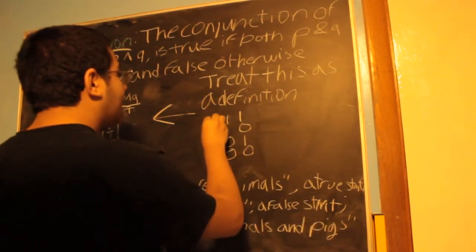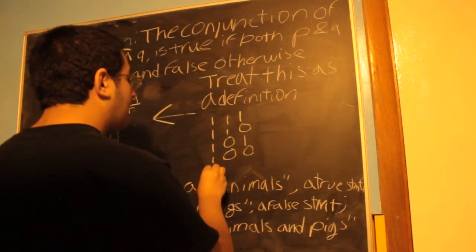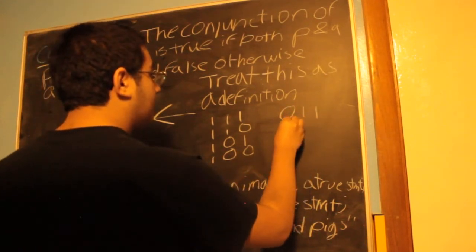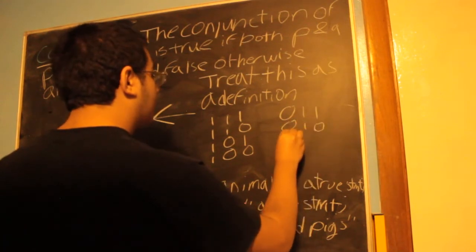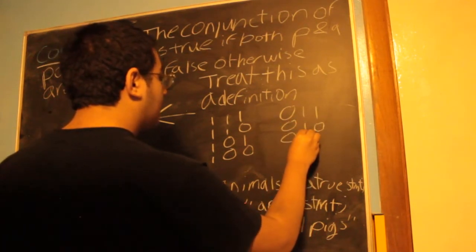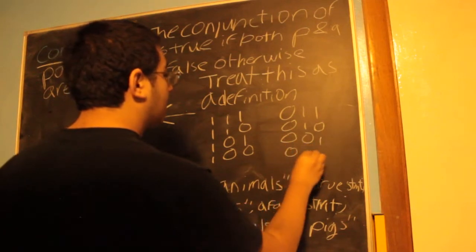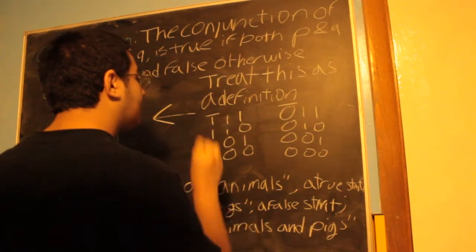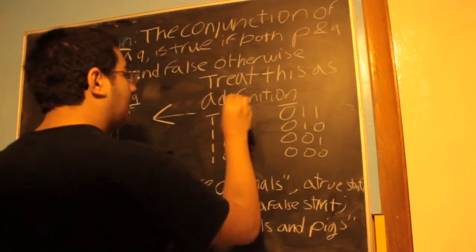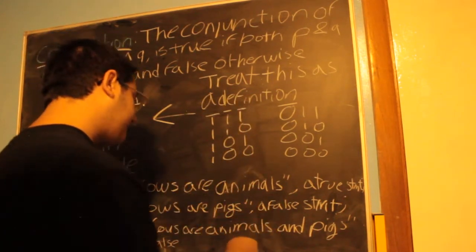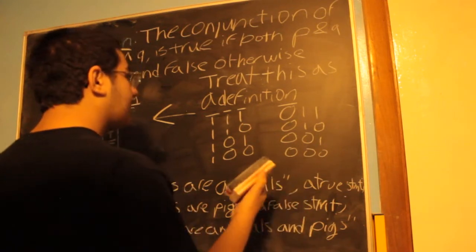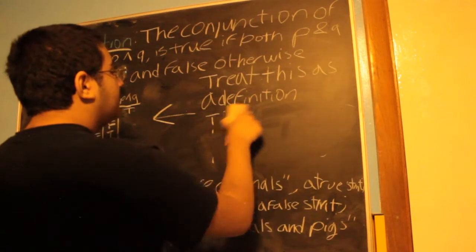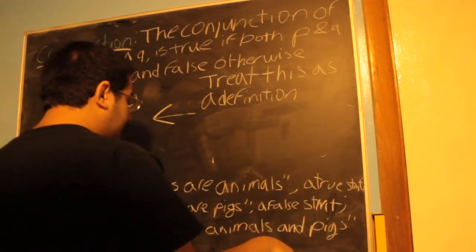And you copy that, and you do 0, 1, 1, 0, 1, 0, 0, 0, 1, and 0, 0, 0. So it's basically the differences for each variable, and that's how it works. Might not be too enlightening, but when we actually do it in practice, you'll understand.